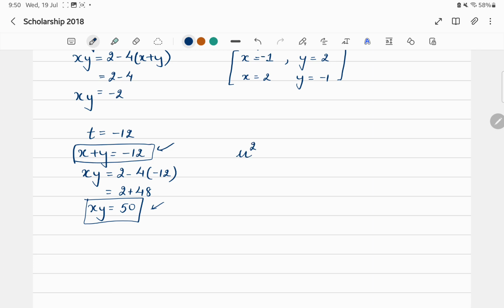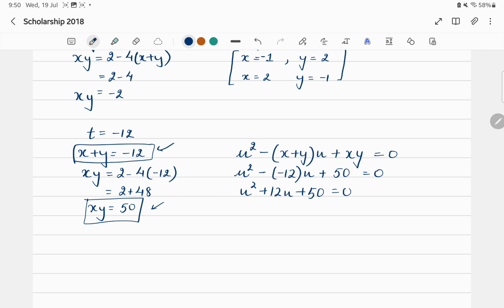So u squared, minus the sum of the roots times u, plus the product of the roots, gives you the quadratic equation. So u squared minus (minus 12)u plus 50: u squared plus 12u plus 50 equals 0.